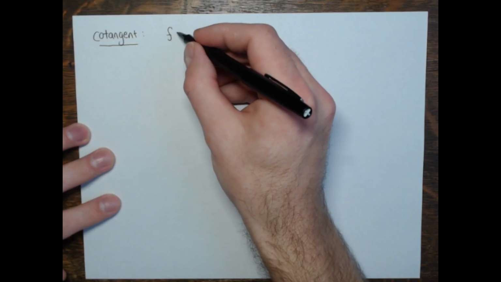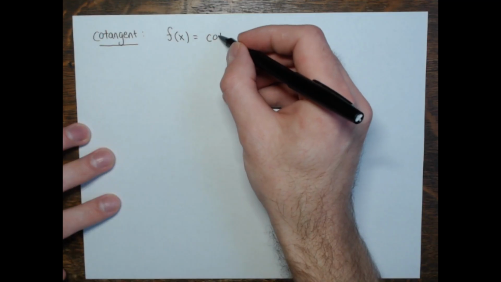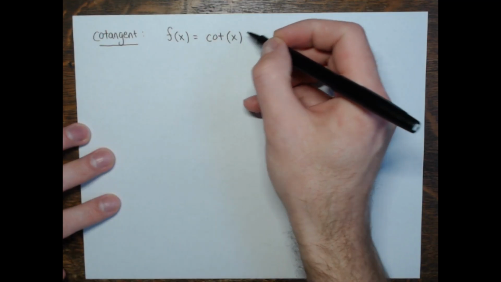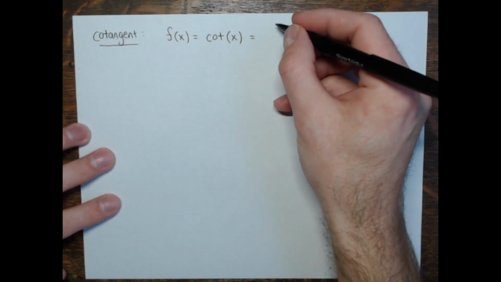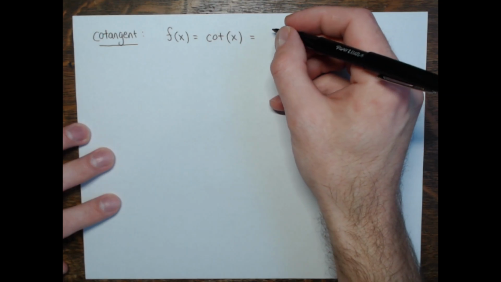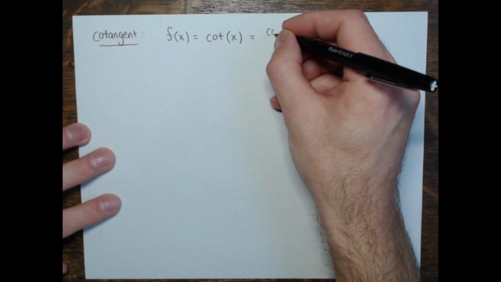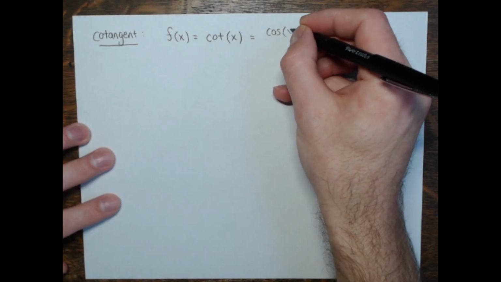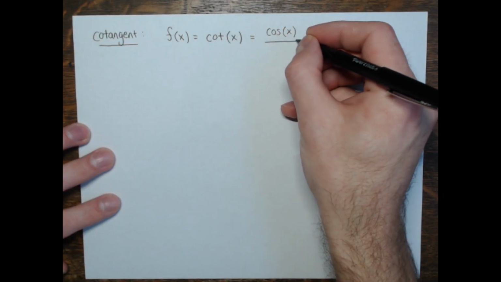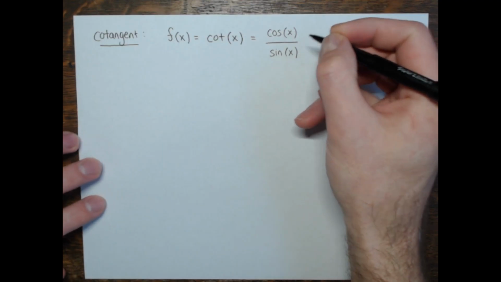So that's here, f of x equals COT, cotangent of x, which, remember, is the reciprocal of the tangent function, so you flip over the tangent function. So this would be the cosine of x in the numerator divided by the sine of x in the denominator.